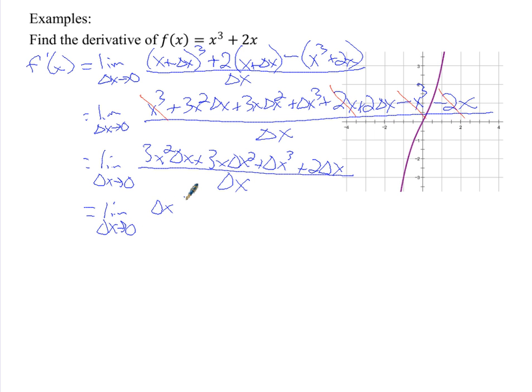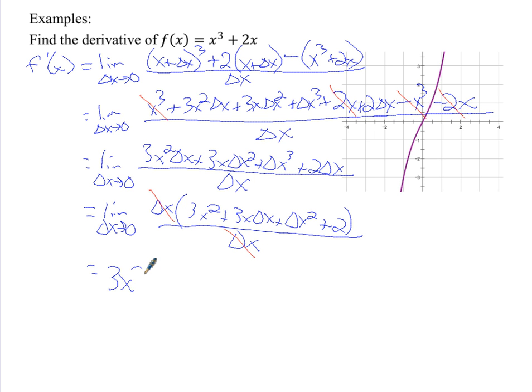Delta x out front, and now I'm left with 3x squared plus 3x delta x plus delta x squared plus 2, all divided by delta x. We can divide out. And then I can also take the limit right now, save myself a little bit of writing. I get 3x squared plus 2. So that is f prime of x.